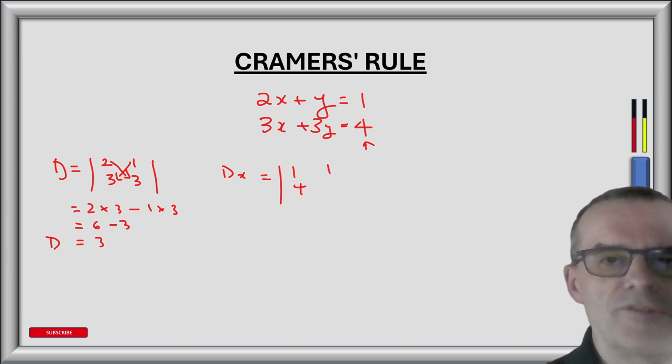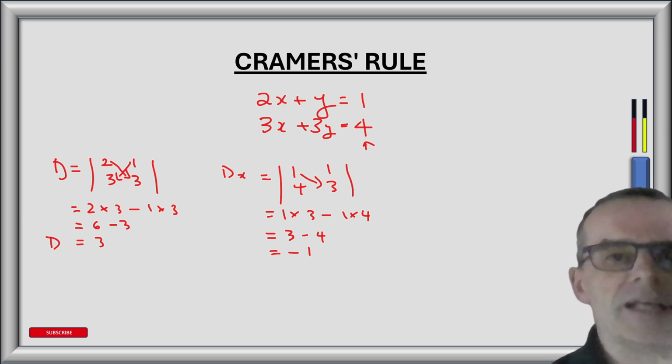We put the coefficients of 1 and 3. Then we can multiply it out. So it's 1 times 3 minus 1 times 4. So that is equal to 3 minus 4, which is equal to minus 1.